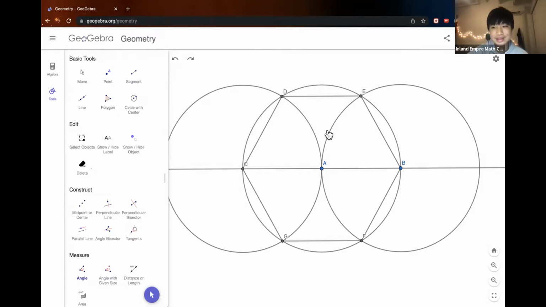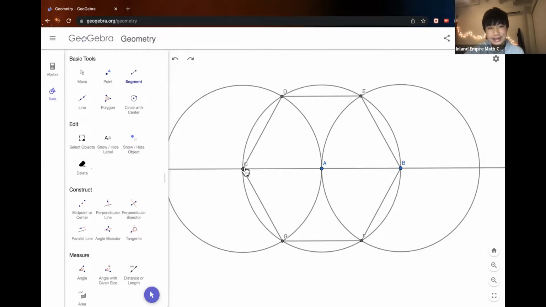Because we're assuming that we only have a compass, a ruler, and a pencil. It looks hexagon-y, but is it really a hexagon? This looks rectangular, but it's not necessarily a rectangle, right? It looks about right, but how do I know that this is a hexagon?